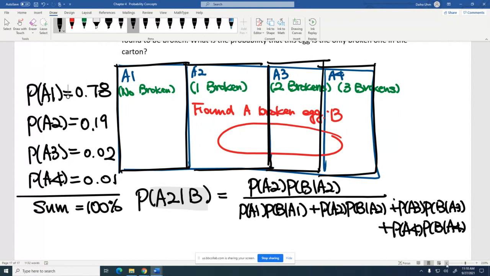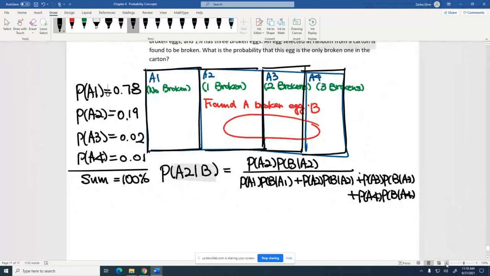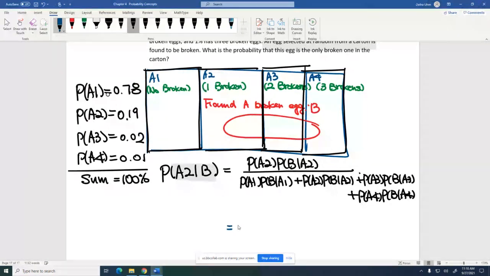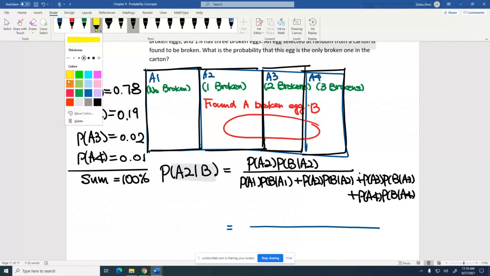In the denominator, we need the sum of the 4 terms. Okay, now we applied the Bayes rule, and the denominator at the bottom, we apply the rule of the total probability. So now we have to look for one by one.